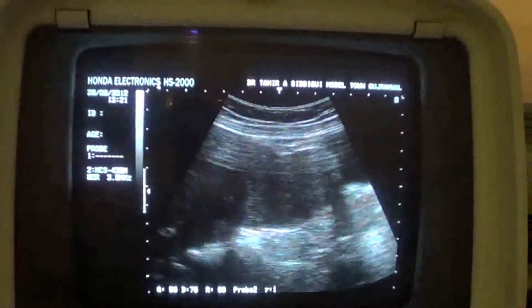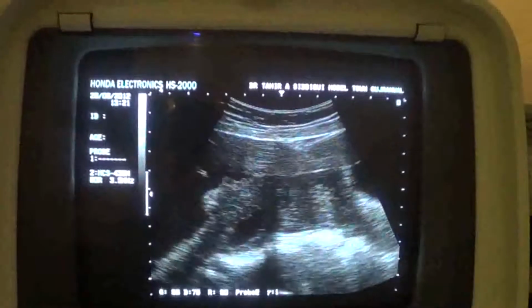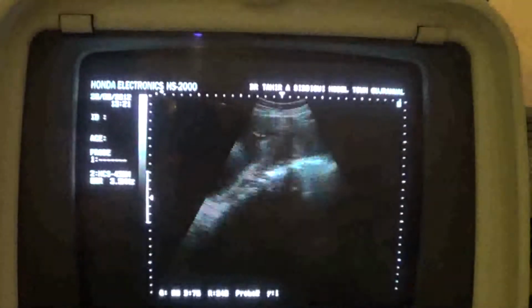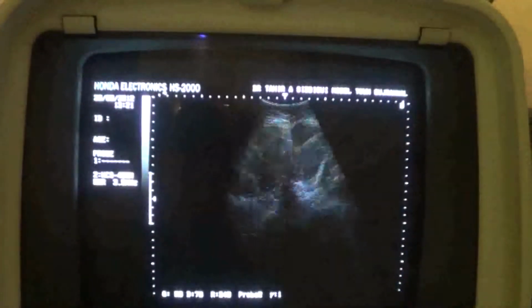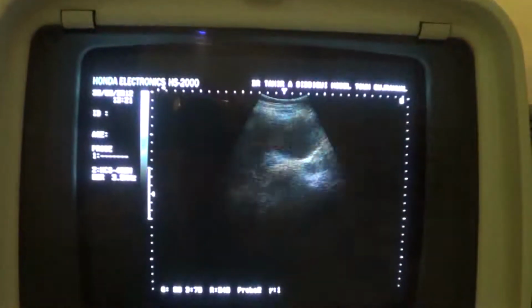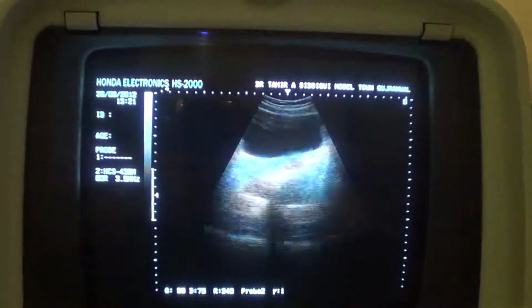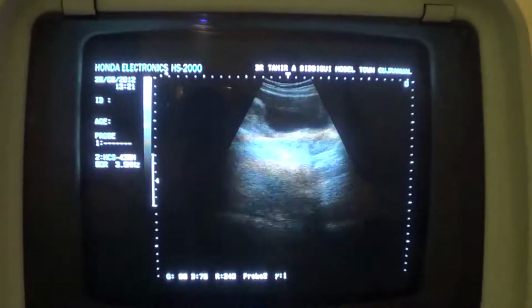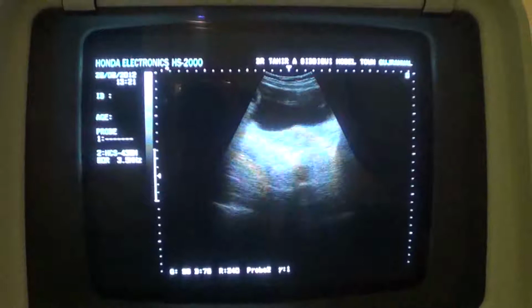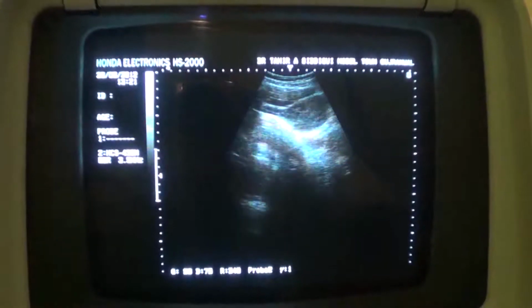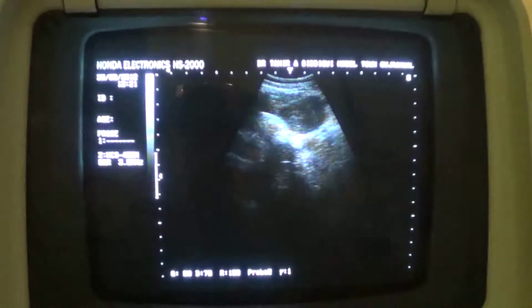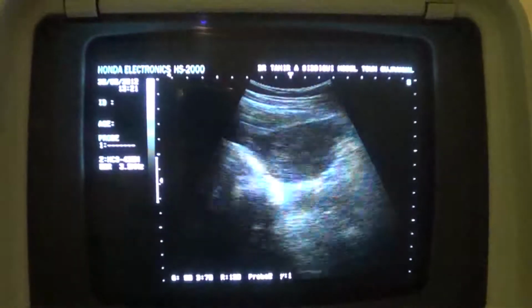The reason is that I'm going to show you why, as I am moving the probe. This is the urinary bladder. I am going to now move the probe cephalad, towards the patient's head, and you will see this is the transverse of the uterus.